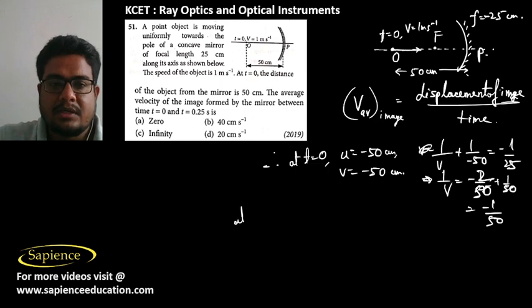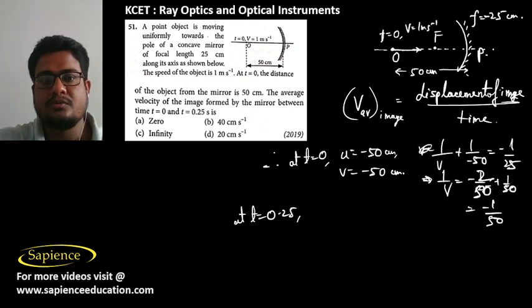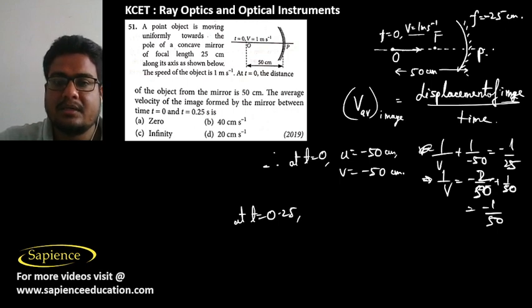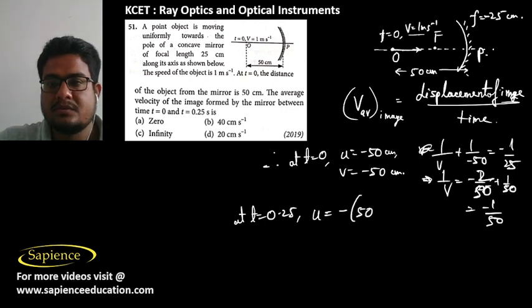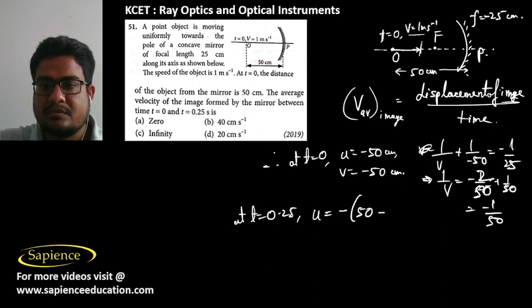And similarly, at t equal to 0.25, the object is moving with a uniform velocity of 1 meter per second. So at t equal to 0.25, the position of the object will be minus of 50 minus v into t. Suppose it will reach somewhere here.